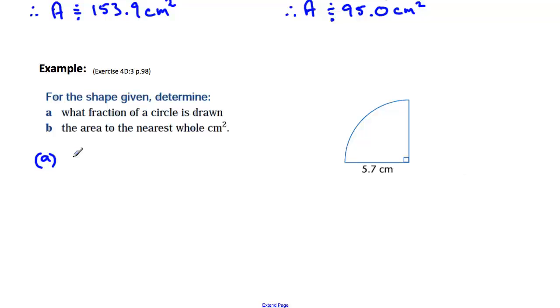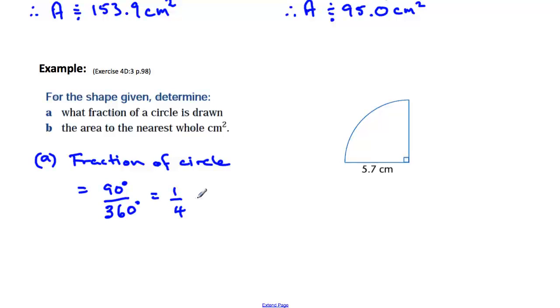We could say that the fraction of the circle is equal to the degrees in the corner, or the angle of the sector, over how many possible degrees there are in a full revolution. Now, if you put this into your calculator, it does come down to 1/4 of a circle.